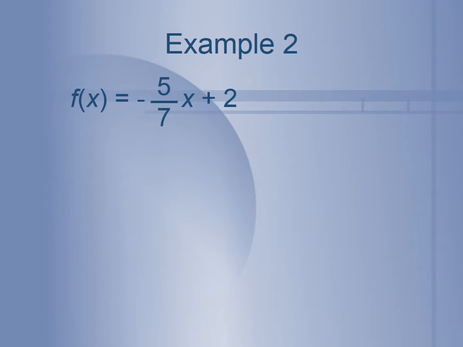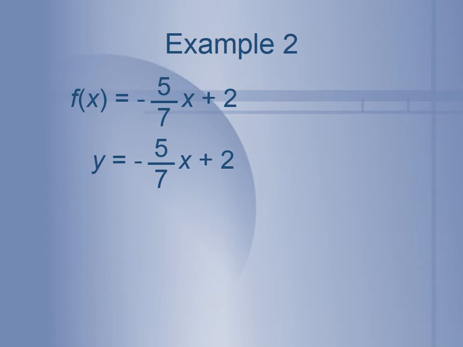So let's say I have this linear function: f of x equals -5/7x plus 2. Okay? And I want to put that in standard form. First of all, I have to realize that f of x just really means y. So I have an x and I have a y. Now I can make it look like ax plus by equals c.